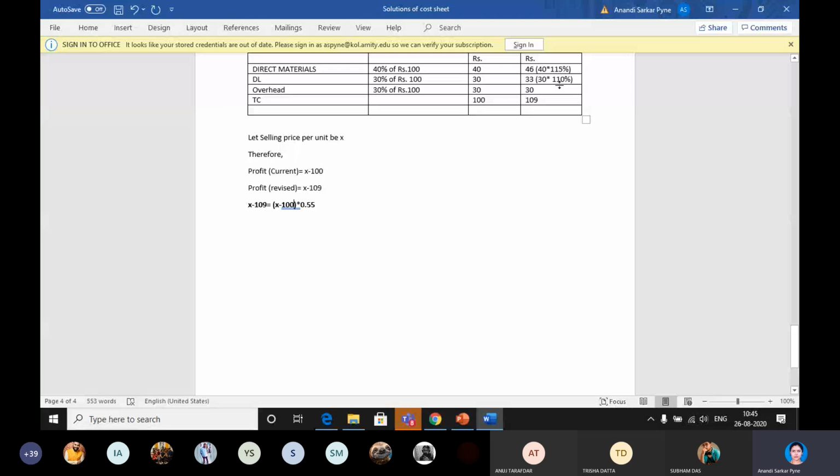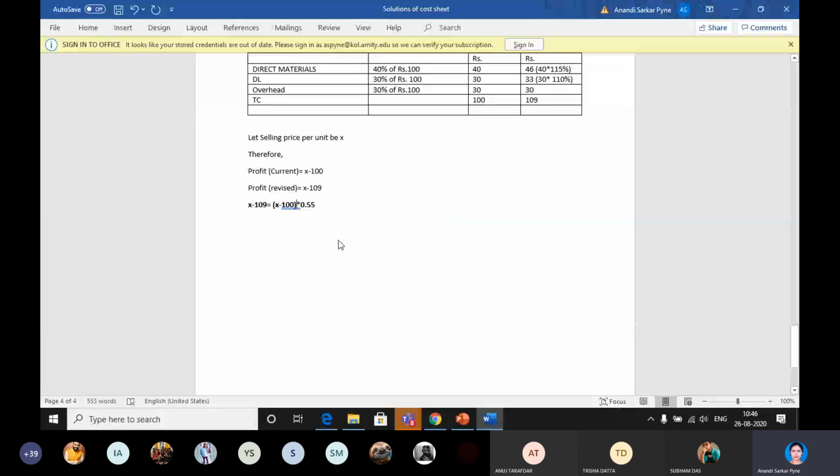So now next it's written that as a result, the profit at current selling price will decrease by 45% of the present profit. ठीक है. The profit at current selling price का जो profit है वो decrease करेगा, revised profit से 45% decrease करेगा. यानी कि जो current profit है वो revised profit का 55% है. Understood?